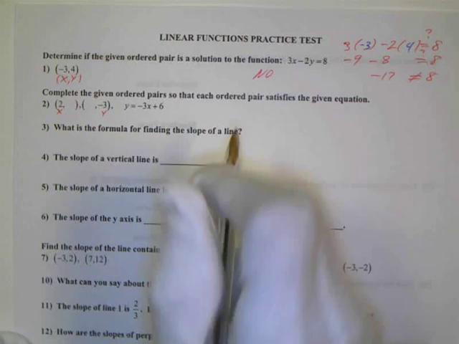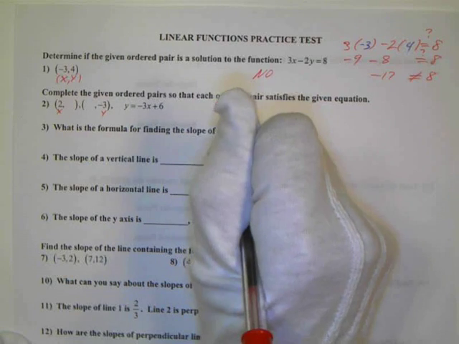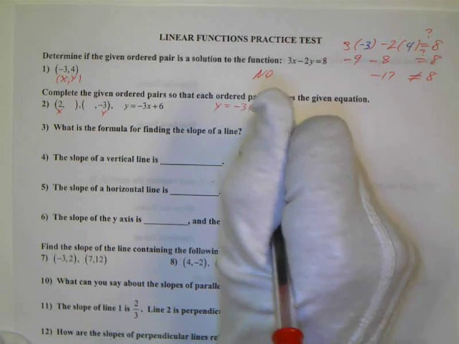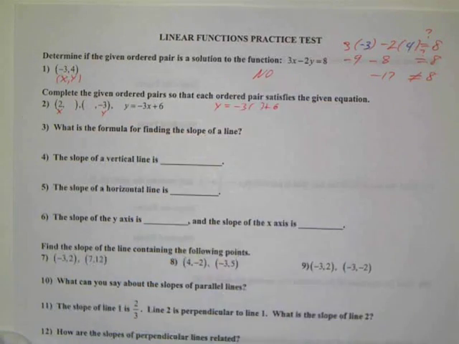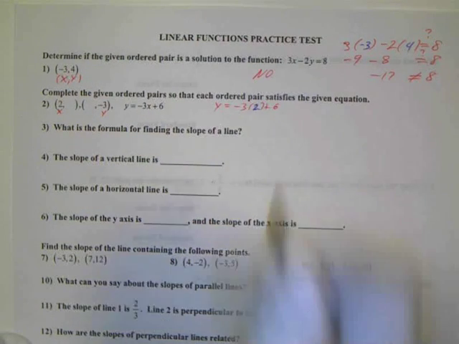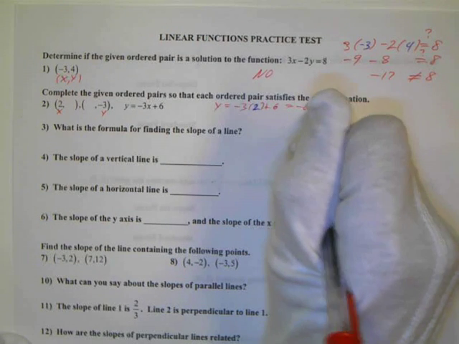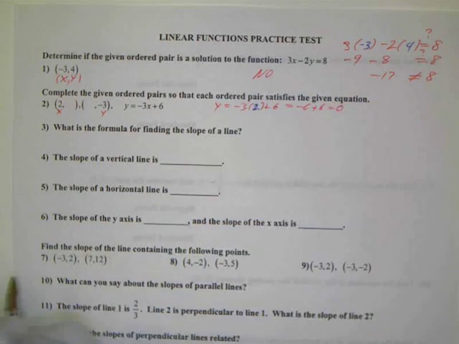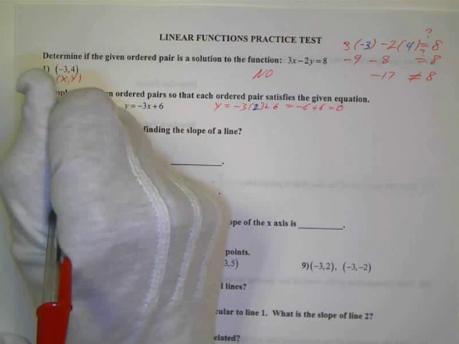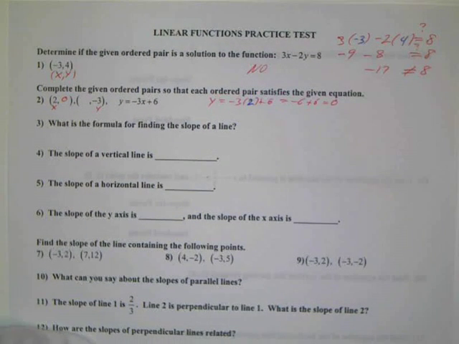So first of all, let's put 2 in for x. So y equals -3 times 2 plus 6. I'm going to put 2 in for x. And that is going to be equal to -6 plus 6. So that would be 0. So when x is 2, y is 0.